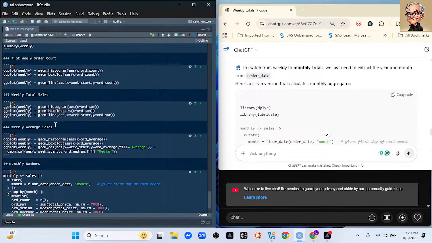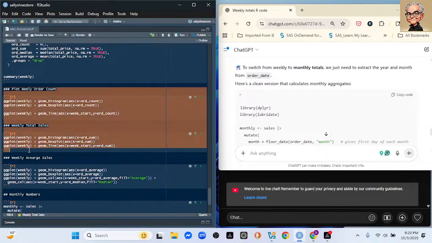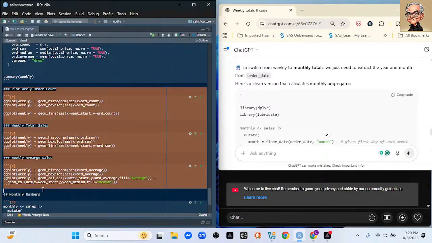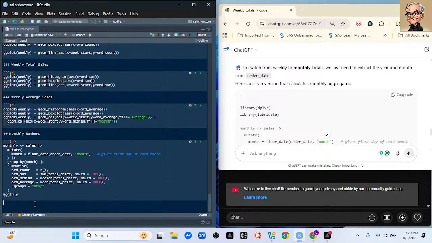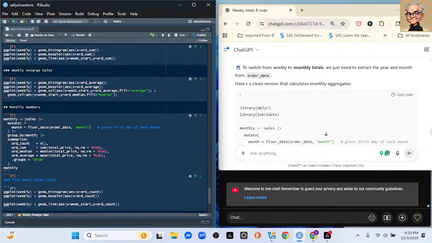So now we can come back up here and do something really funky, okay? Now pay close attention to what we're doing here. The column names are the same, right? The only thing that's changing is the data frame name, okay? So we can come back up here like this. Change this to monthly.